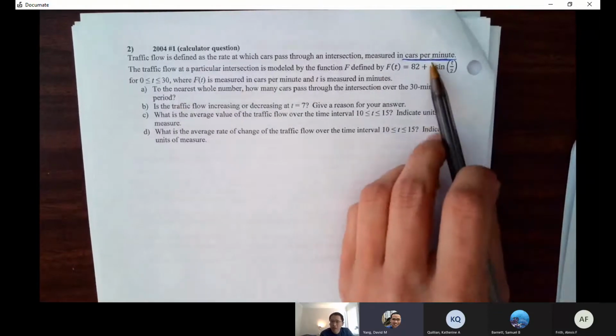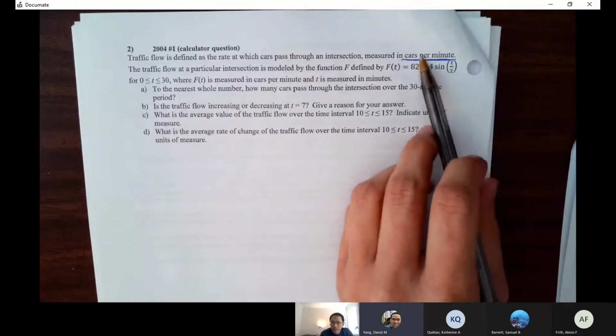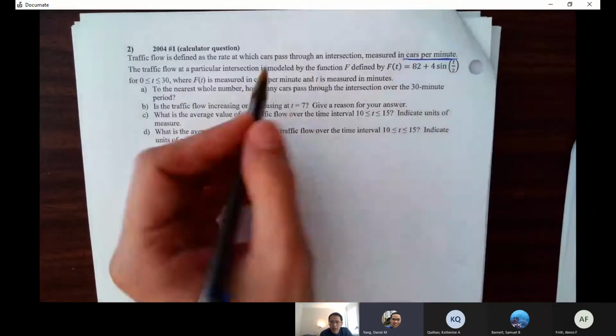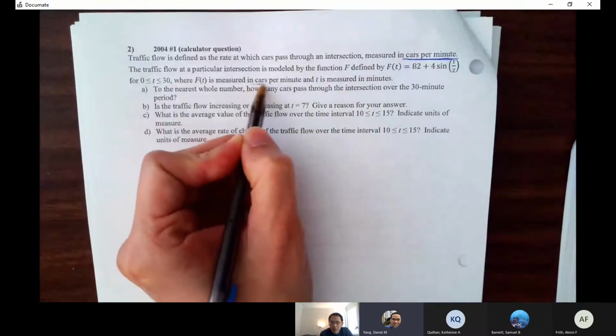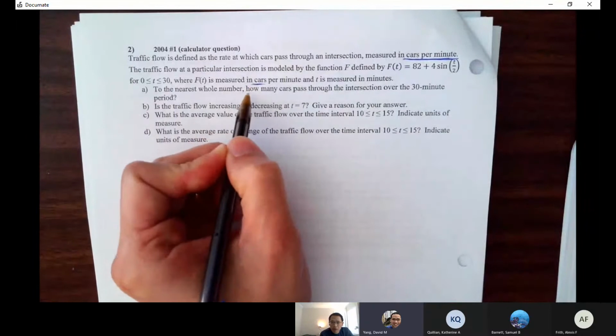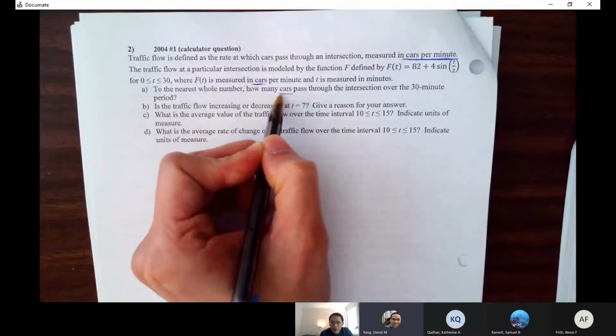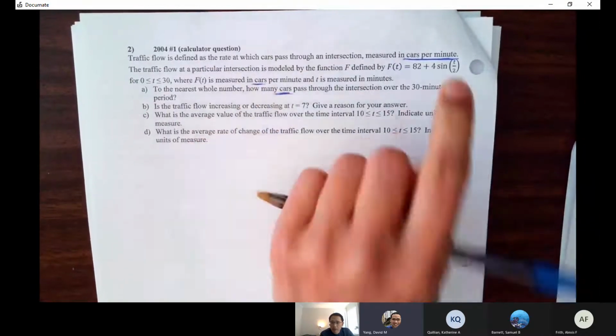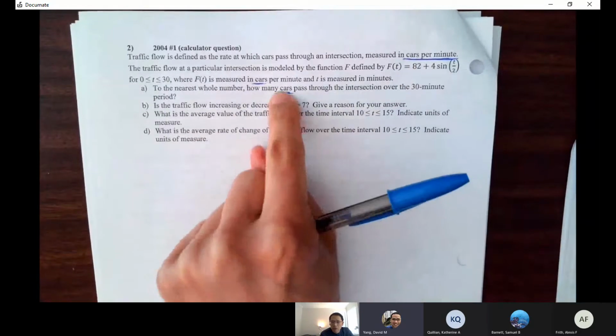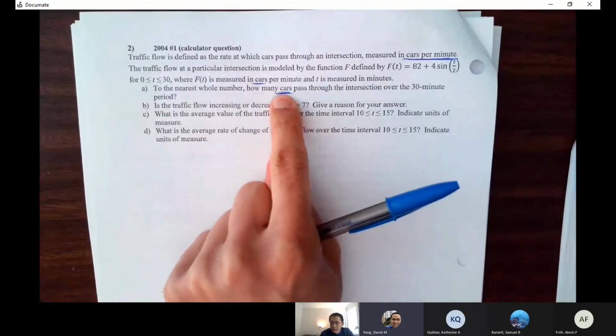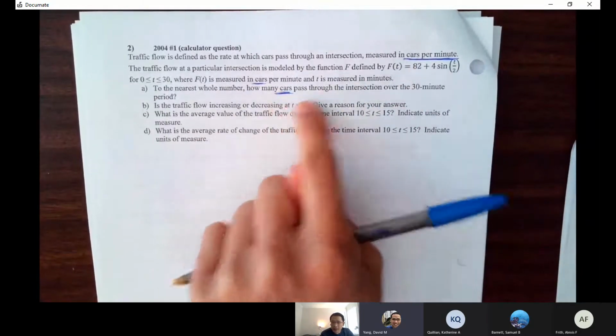So we're given a function that's defined as cars per minute. We're trying to move up our units to be the number of cars. So if I want to get from a rate to the value, I have to take the antiderivative.